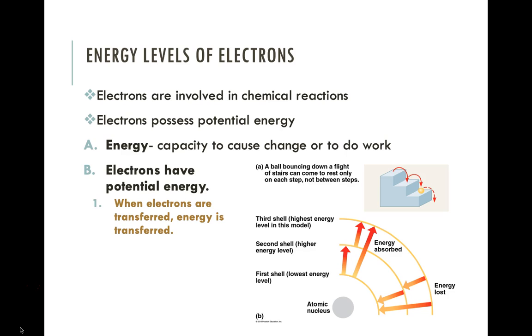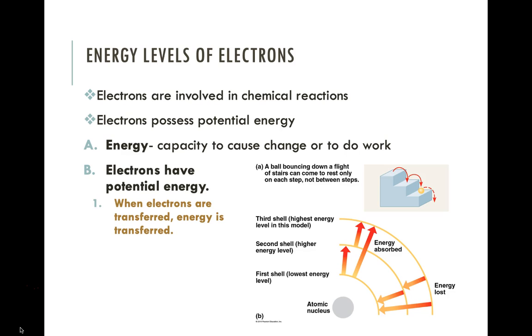So electrons are really important, and they are the subatomic particle that we are most interested in. The reason that they're so important is that they are the part of the atom that's involved in a chemical reaction. And the reason is that electrons have a charge, and electrons contain energy. So they're busy moving around in a cloud around these protons, and they're attracted to their own proton because of their negative charge, because the protons are positively charged.